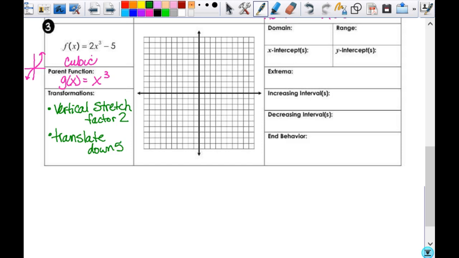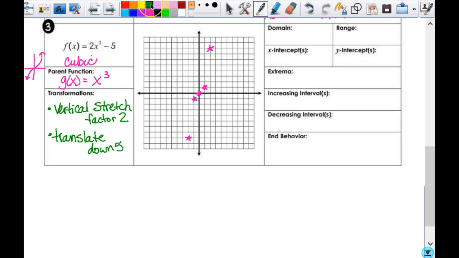Right. So for our cubic, yes, and then 2, 4, 6, 8. There are anchor points.